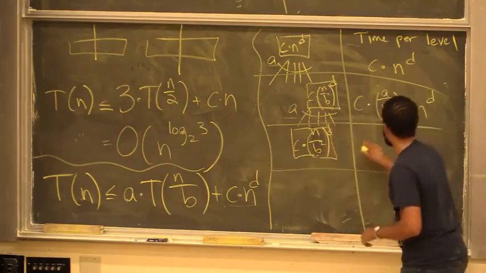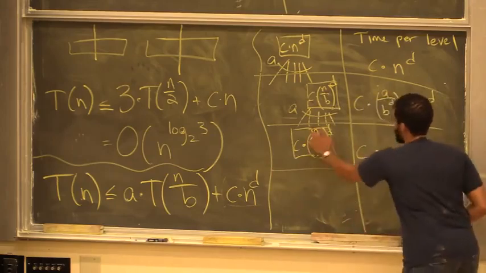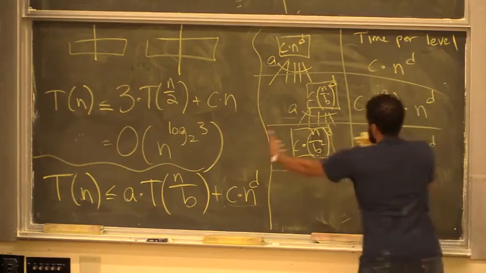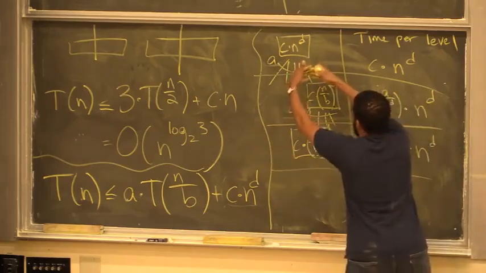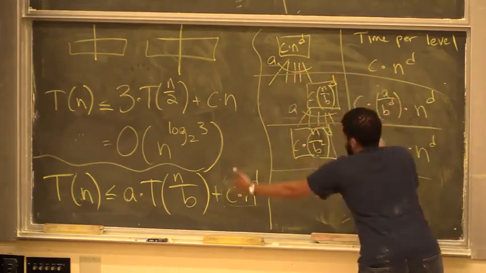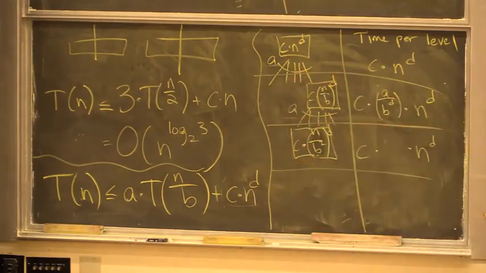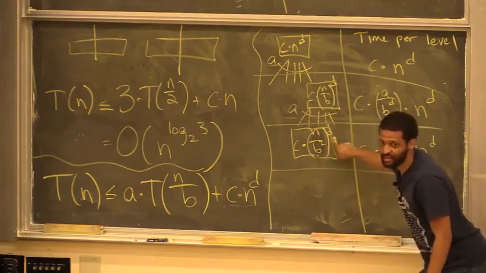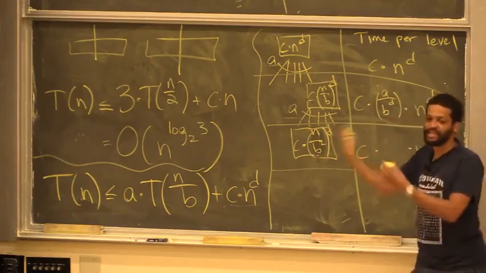Okay, so it's c times, again I have n to the d. How many nodes do I have? Well, I had a children, then each one of those had a children, so I have a squared nodes. And each one is dividing by b to the 2d, which is the same thing as b to the d squared.